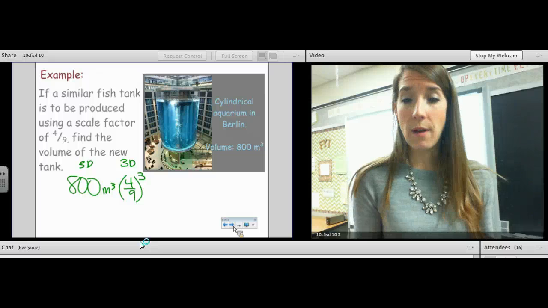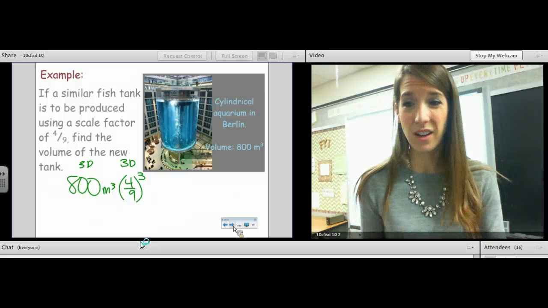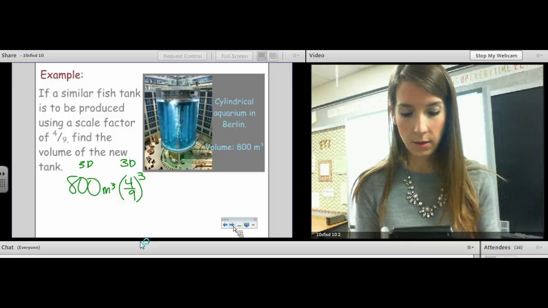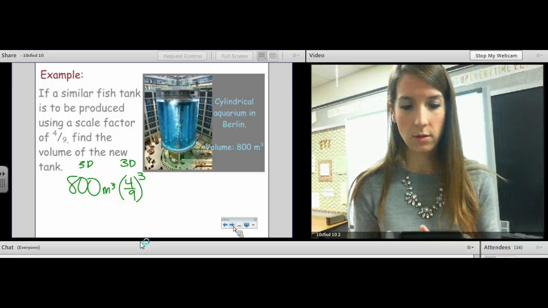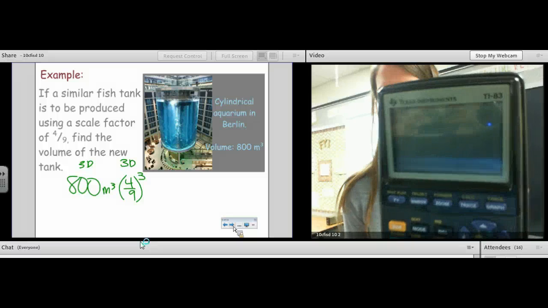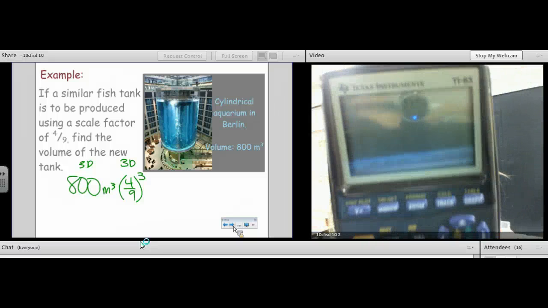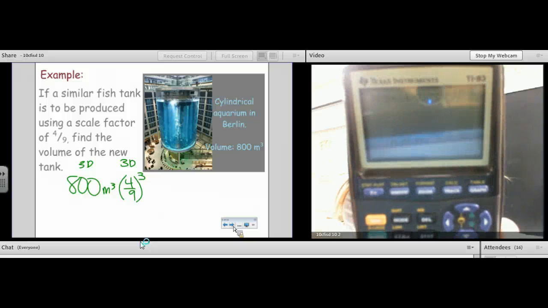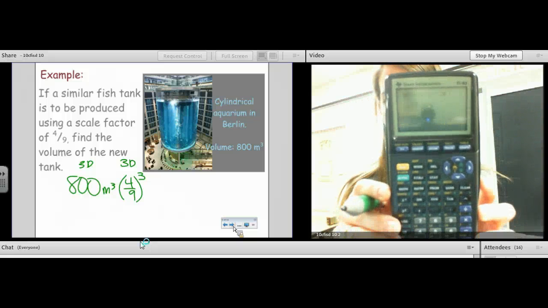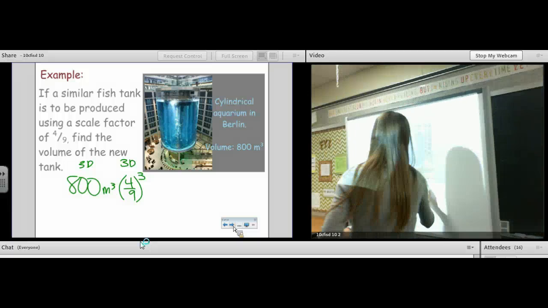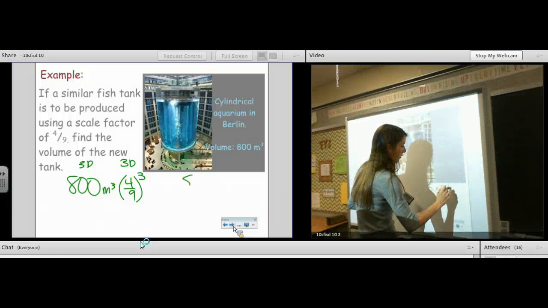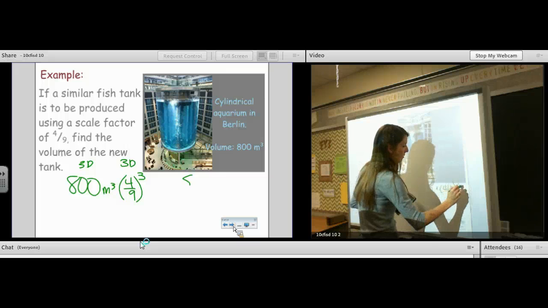Now, you can rewrite that, or you can just go straight to your calculator, and you can plug it in. 800 times 4 ninths to the third. I entered in 800 times 4 ninths caret third. Okay?